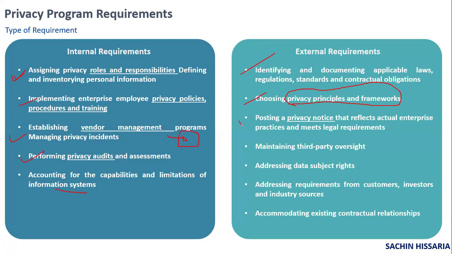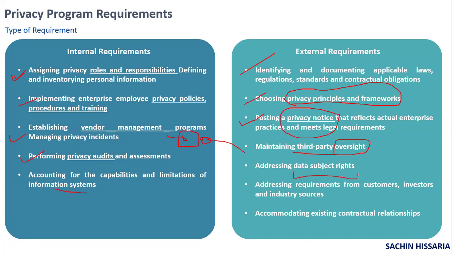Then the company will post a privacy notice that reflects actual enterprise practice and meets the legal requirements. We will discuss this in the upcoming slides as well, how the company will maintain their privacy notice. They will maintain third party oversight. So whenever any third party is appointed, the company needs to make sure that they are overseeing their activity, with regular monitoring.